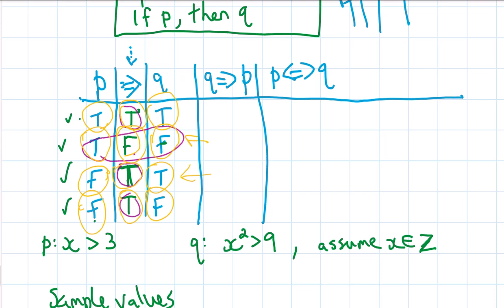That's the output of a truth table being the same as another one. This is equivalence. P is in equivalence with Q. So P implies Q and Q implies P.